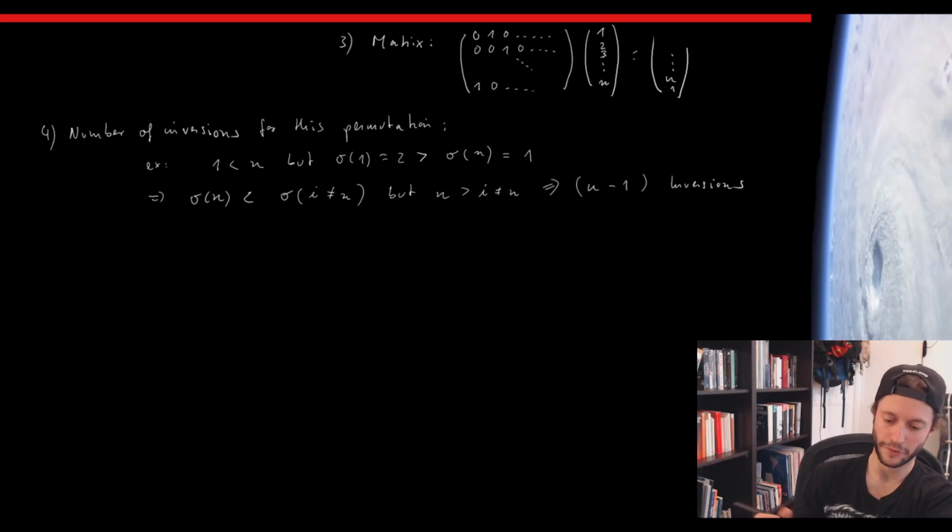Okay, so we found the number of inversions. By that, we already know the sign, or signum, of this permutation sigma, which was... no, looking back, it's -1 to the, I think we had r to the power of r.